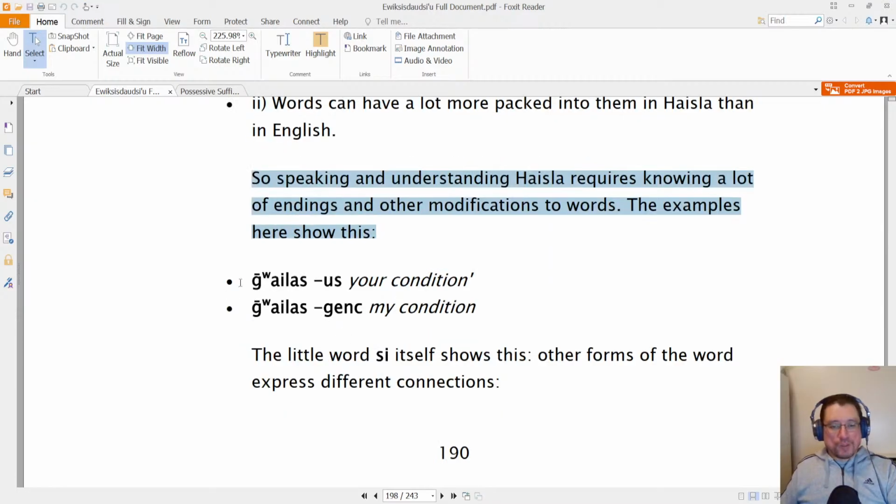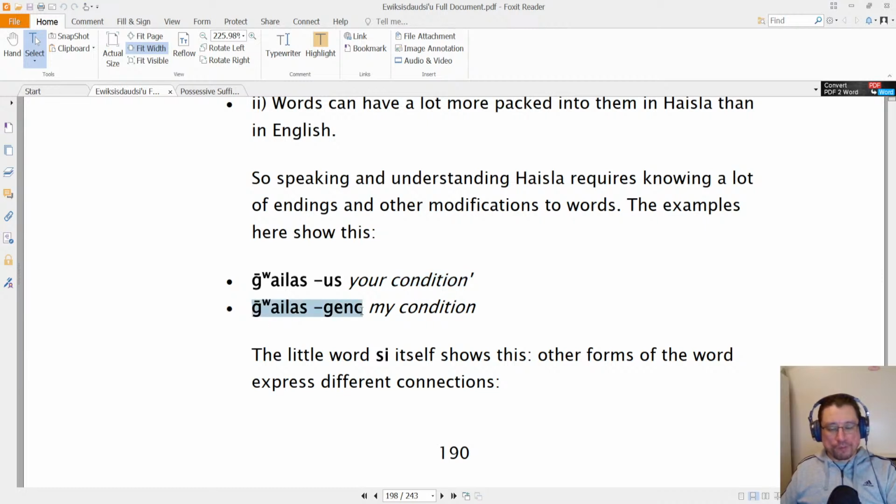So he has the word guelas, and then he has the suffix us, which means your. And guelas means condition.